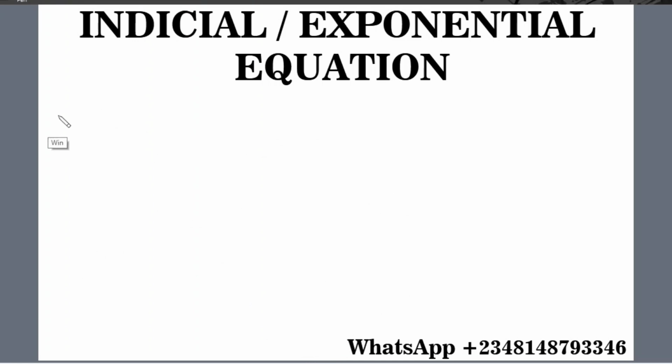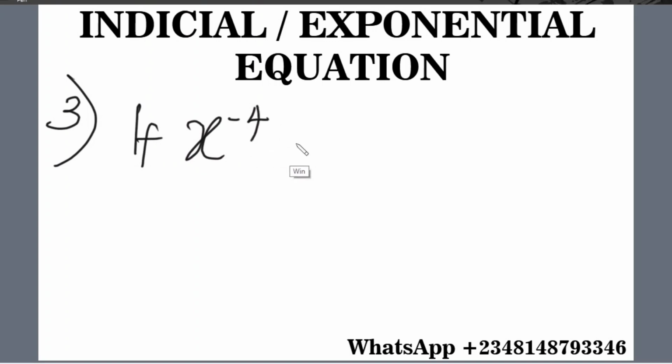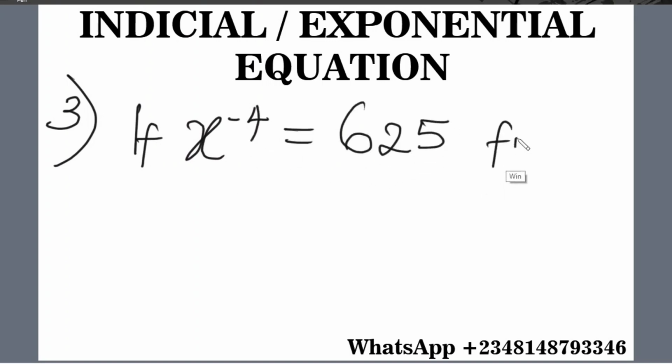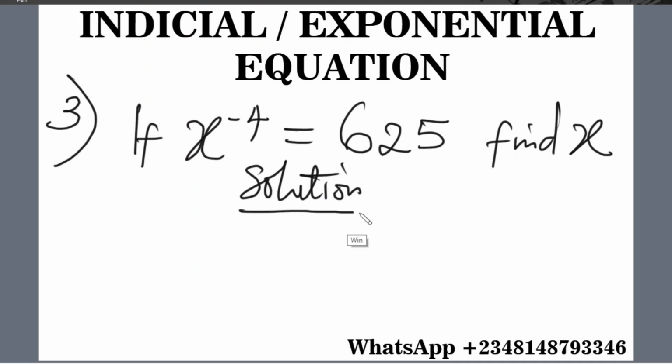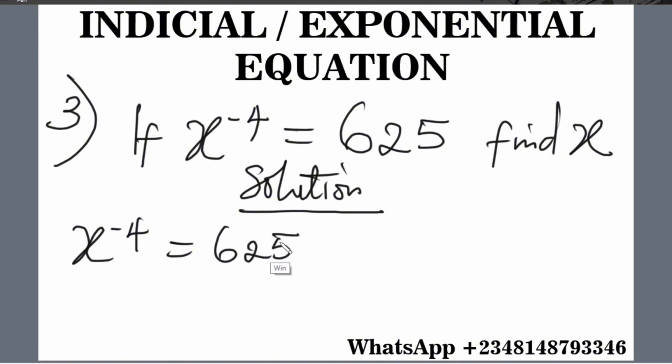Now let's look at the third example. If x raised to the power negative 4 equals 625, find x. Solution. x raised to the power negative 4 equals 625, and we are asked to find x.